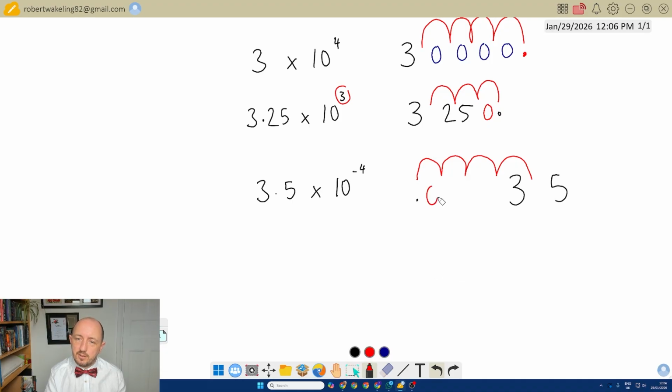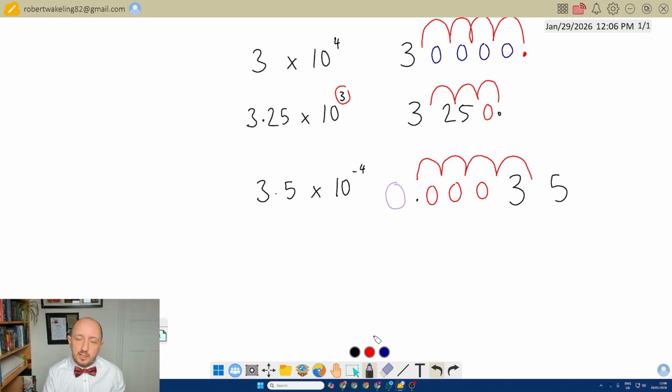Put zeros under these arches and we have the number 0.00035. Okay, now this is nothing to do with standard form really, but in tradition we put a 0 here. 0 point, that's not really anything to do with standard form. That's just what happens if the decimals are small. We have to put that 0 on the front.